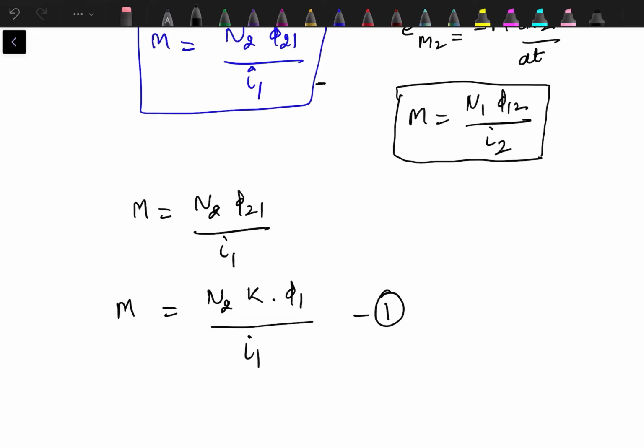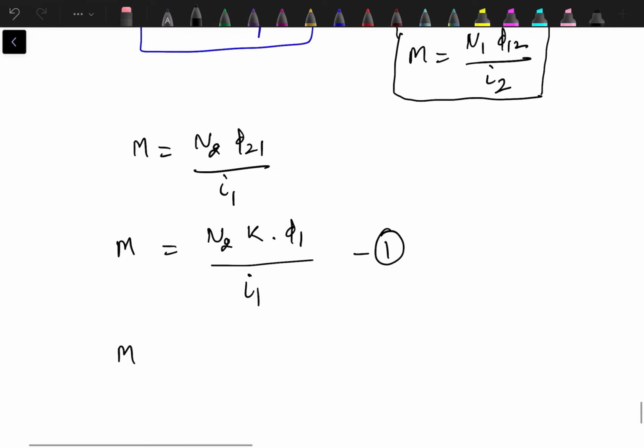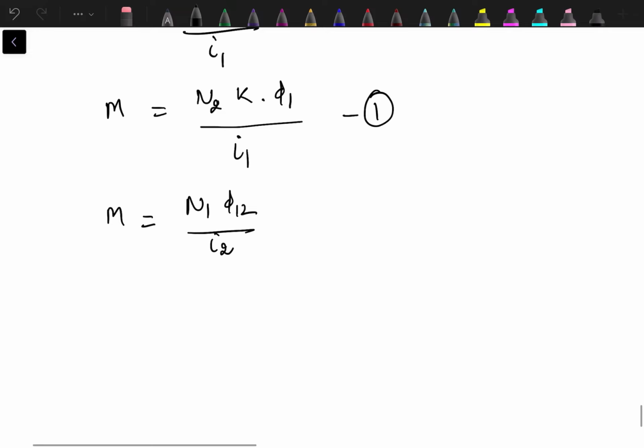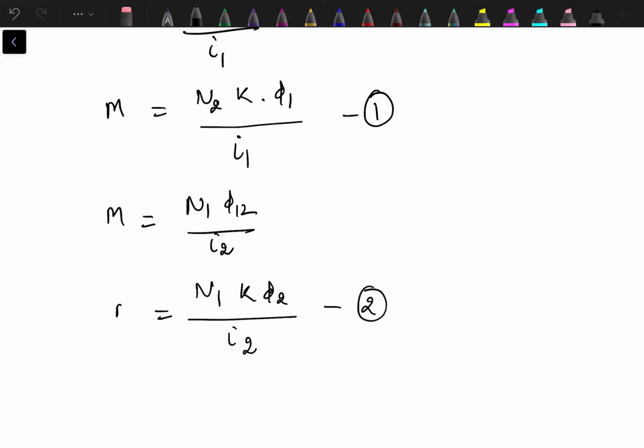This is our first equation. Second equation is from here, M is equal to N1 phi 12 upon I2, which is N1 k phi 2 upon I2. This is our second equation.